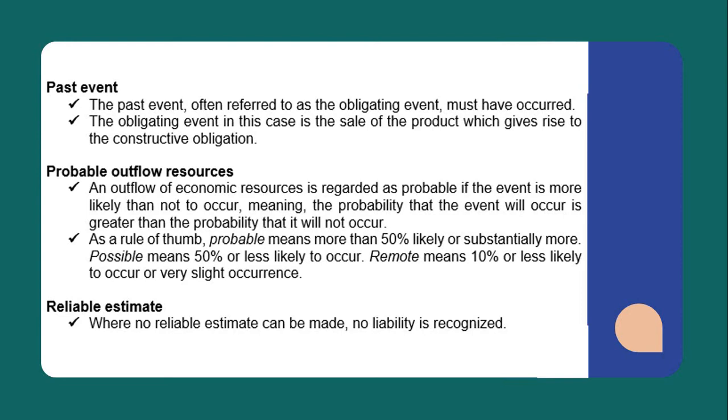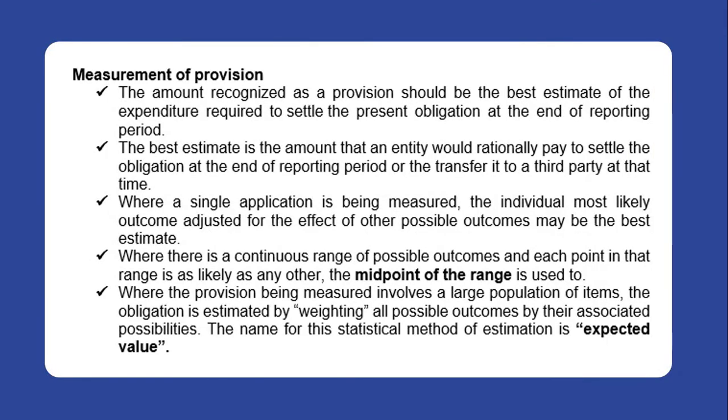Then reliable estimate: where no reliable estimate can be made, no liability is recognized. So a provision is also a liability, an estimated liability that needs to be recognized or treated with proper accounting.